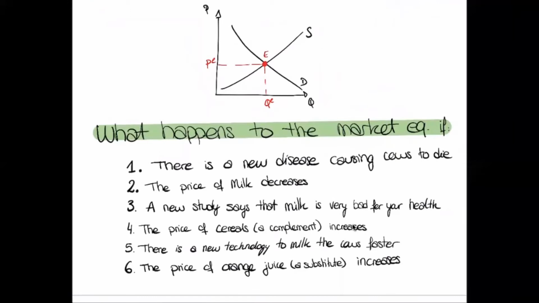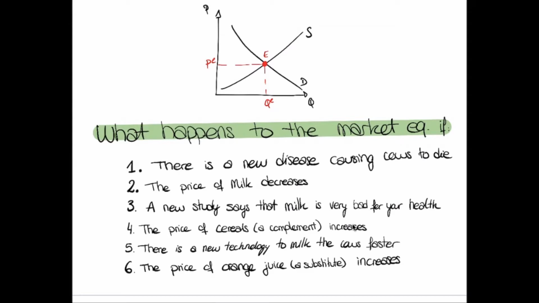I will let you pause the video and try to do the 6 graphs. Depending on the case, you will have to determine if it's the supply, the demand, both, or none of them moving, and what happens to the price and the quantity at equilibrium. I'll let you pause the video, try to do that by yourself, and come back when you're done, and I will explain each of the examples.